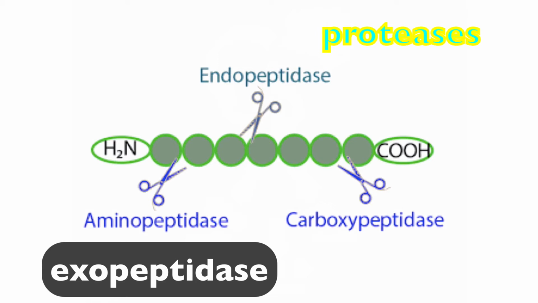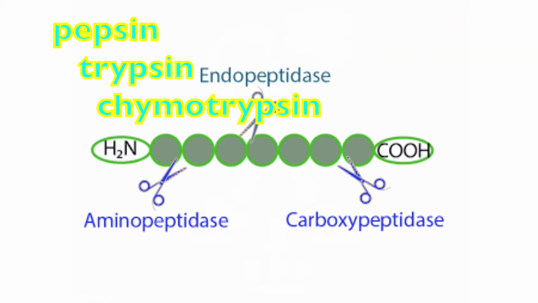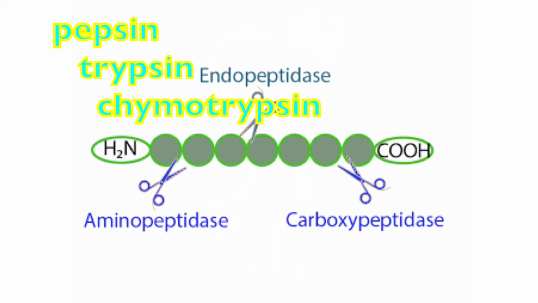Of the endopeptidases, there are pepsin, trypsin, and chymotrypsin as examples. Pepsin is secreted by the stomach, initially from the precursor proenzyme, also known as a zymogen. A zymogen is a proenzyme. The zymogen for pepsin is pepsinogen. It's the inactive form. And then trypsin and chymotrypsin are the endopeptidases released from the pancreas.